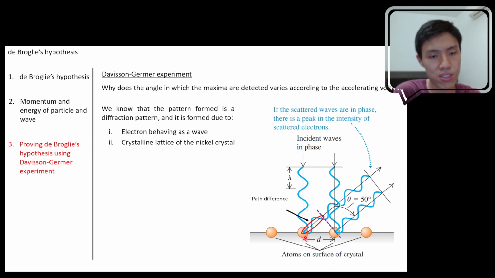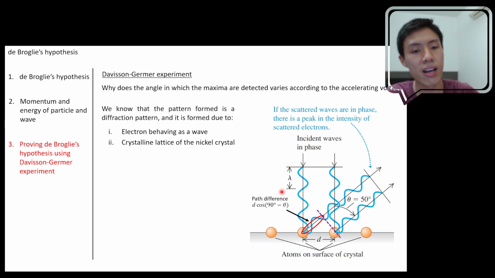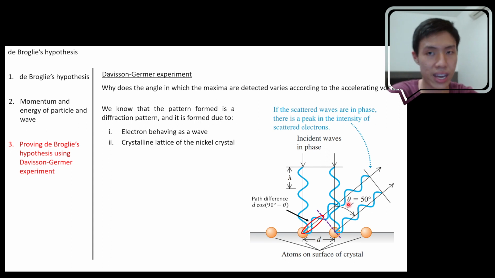If this path difference equals m lambda, then according to our learning of constructive and destructive interference, the first electron wave and the second electron wave that scattered off the nickel crystal will constructively interfere, and that will result in a strong electron wave being reflected off at this particular angle.